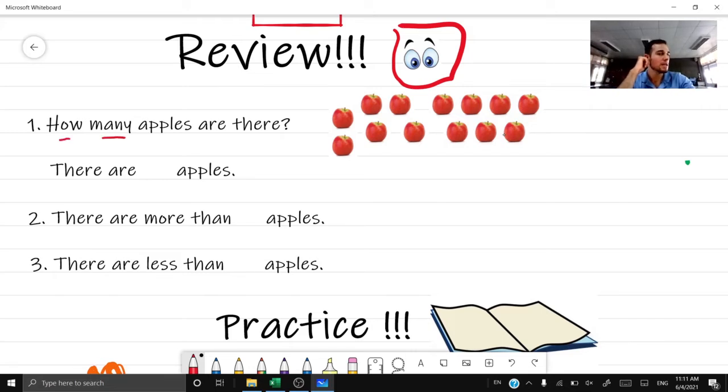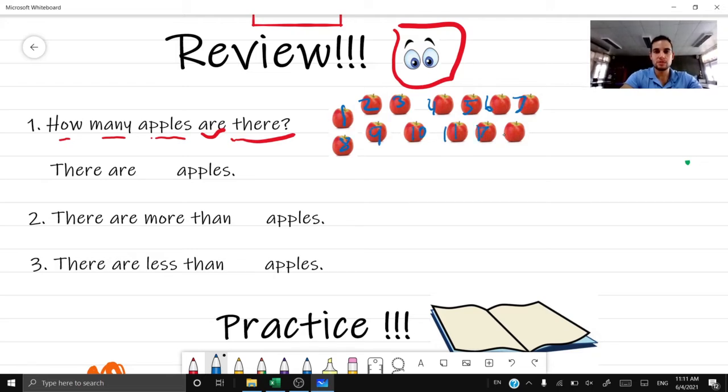How many apples are there? Good. Let's count the apples together. Ready? 1, 2, 3, 4, 5, 6, 7, 8, 9, 10, 11, 12, 13. There are 13 apples. Everyone together. 1, 2, 3. There are 13 apples.